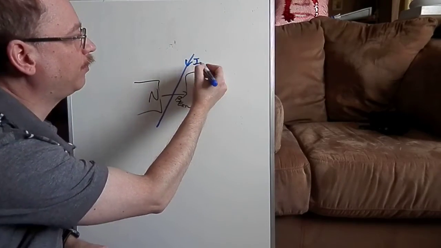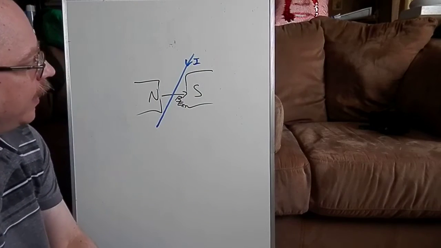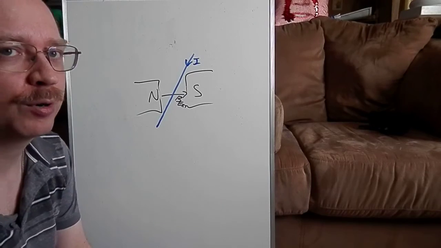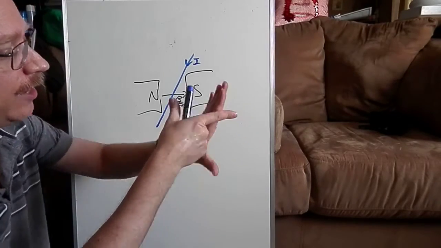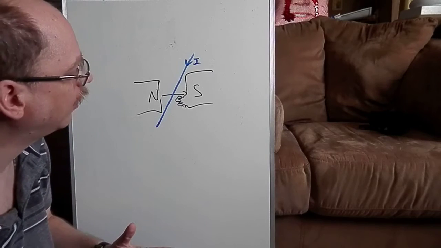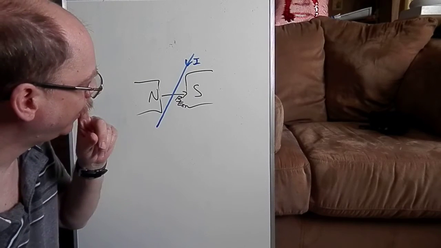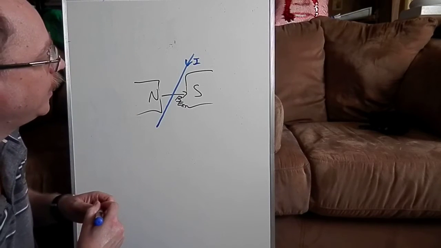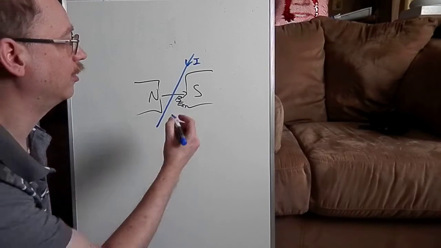Now, the problem with this is that we always want the wire and the field to be perpendicular. That's why these hand rules are all about holding our hands like this, because when things are perpendicular, it maximizes stuff. What happens here is that what we actually have to consider is the components of the current.